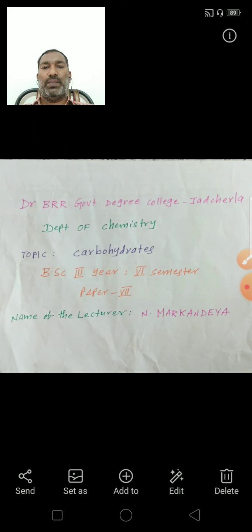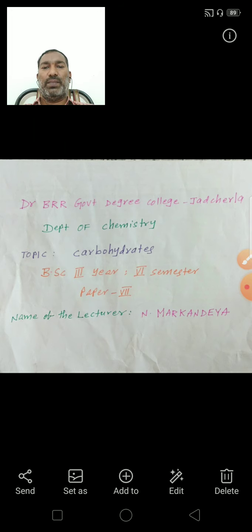The sixth one is oxidation. Glucose reacts with 1 mole of bromine water to give a monocarboxylic acid. This indicates the presence of a CHO group, which is present at one end of the glucose molecule. Next, glucose on reaction with concentrated nitric acid gives a dicarboxylic acid.